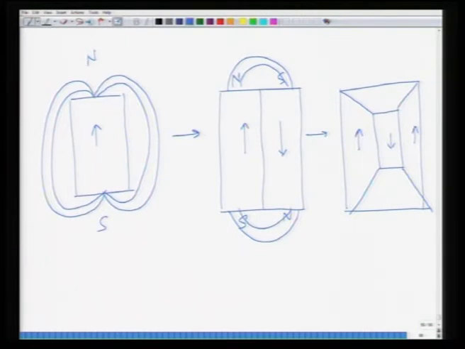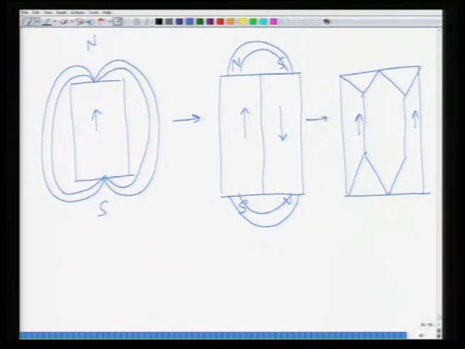Let me just make some changes here. Let us say the situation is something like this. So this is spin down.